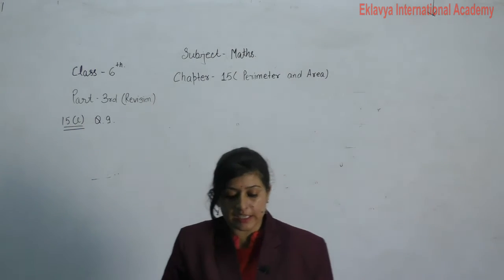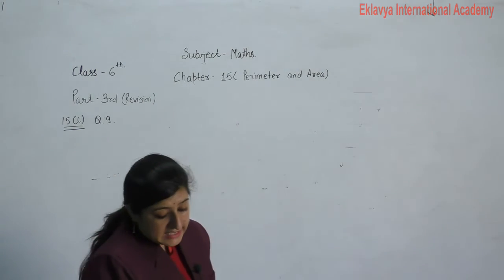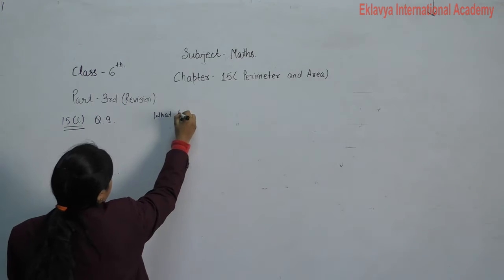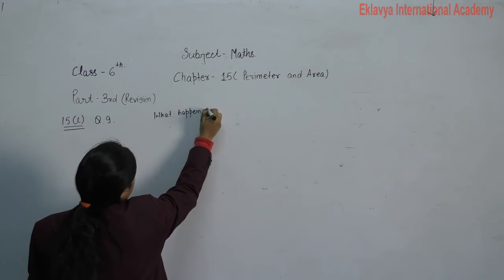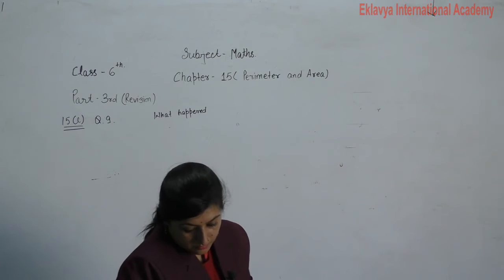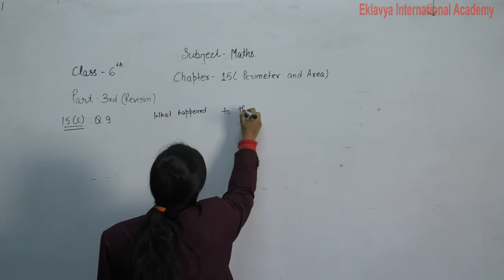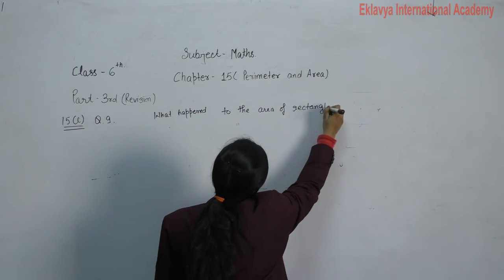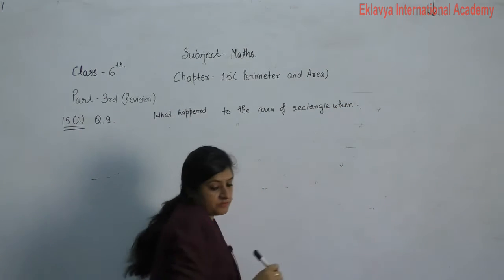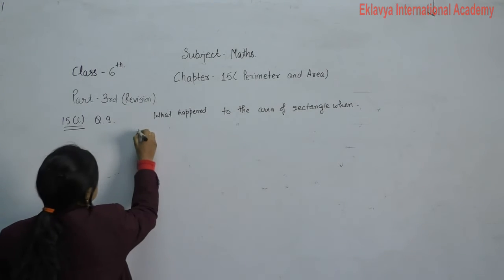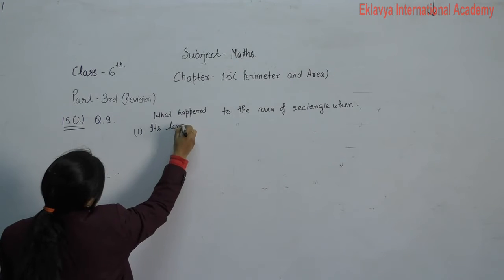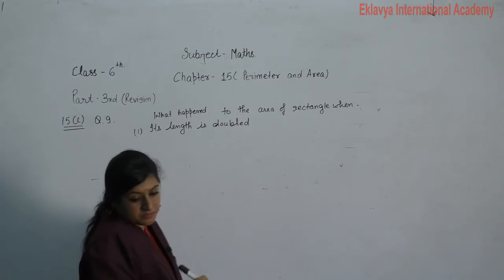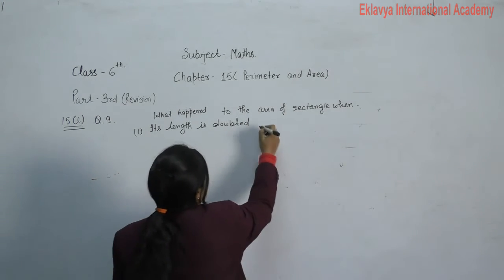What happens to the area of a rectangle when its length is doubled and the breadth remains the same? What happened to the area of the rectangle when the first condition is its length is doubled and the breadth remaining the same.